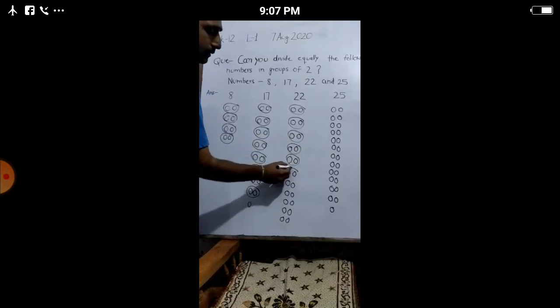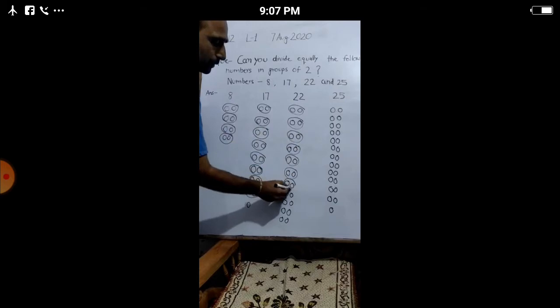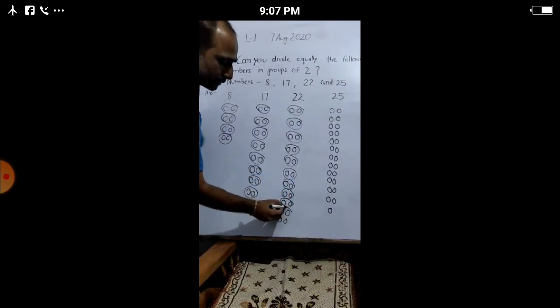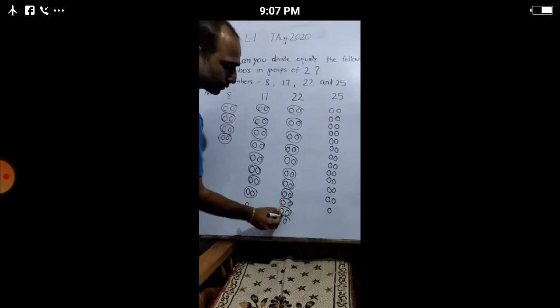Now children, here 22. So 2, 4, 6, 8, 10, 12, 14, 16, 18, 20, 22. And children, here you can see 25.